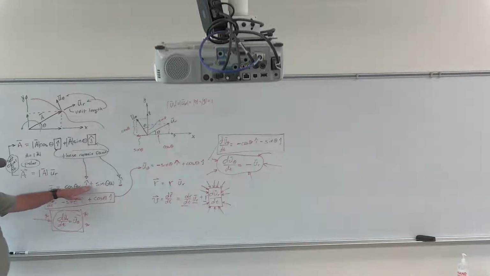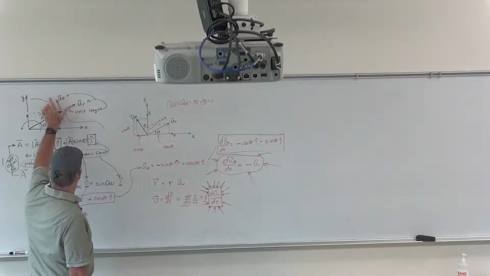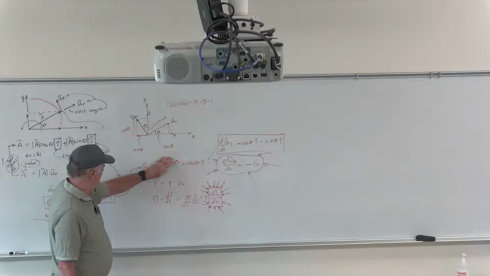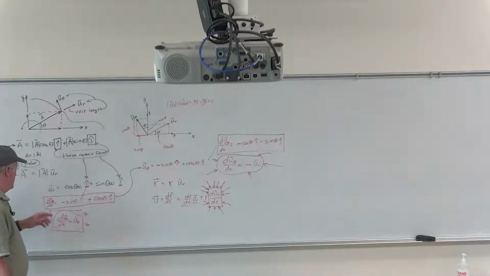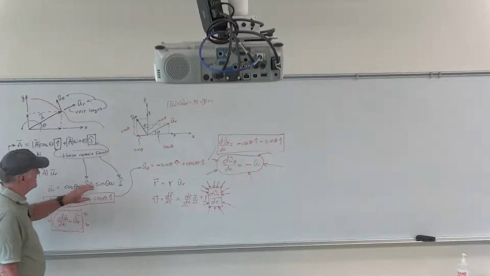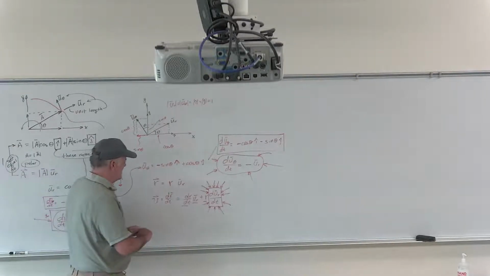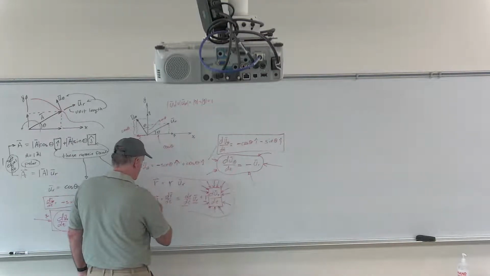I can extract it this way by comparing, or I can take that vector, move it to the axis, break it into its components, and write both this vector and that vector. And then I can take the derivative of this vector, and I can take the derivative of that vector. But the reason I'm doing that is because it shows up in here.